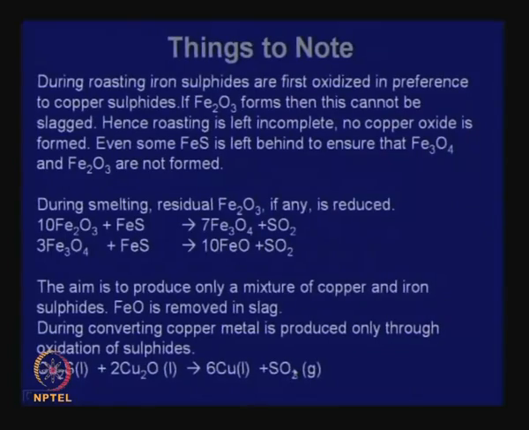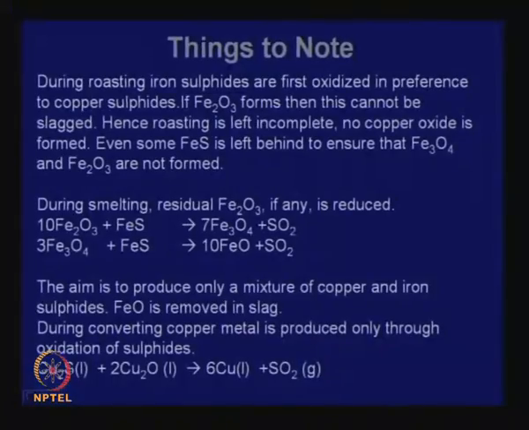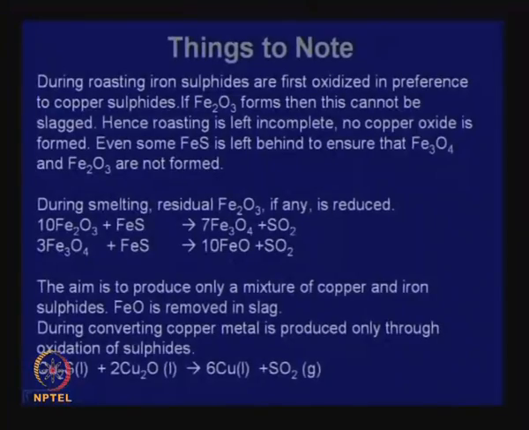So, what is it we are doing? Starting with a sulphide concentrate, we have roasted it to ensure that we are left with incomplete roasting of iron sulphide. We will produce a matte, and then we will have a smelting process.